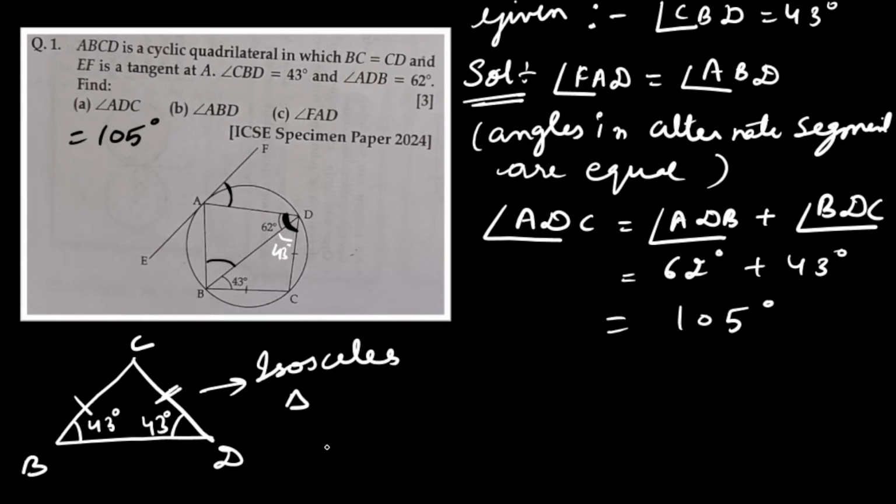So angle ADC, how we have to find? ADC we have already done, 105. Yes, Shreyasi, you are telling angle ADC is 38. ADC is not 38. FAD is 38. Okay, so how we will find now FAD?